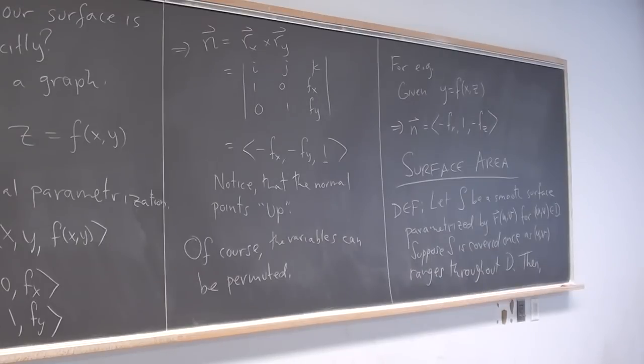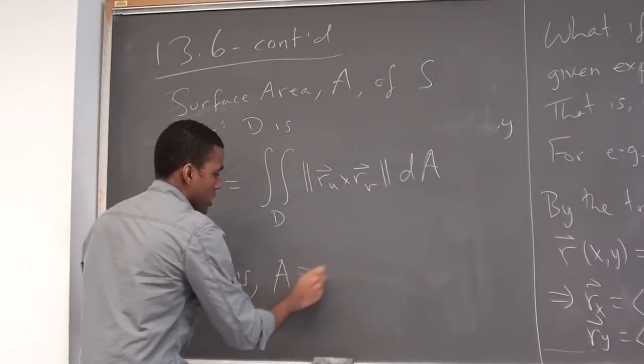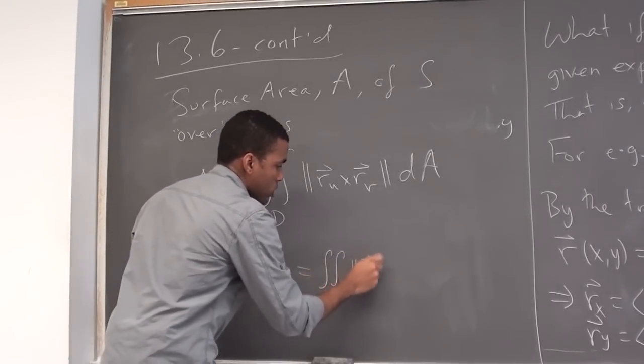Then the surface area of S is going to be given by that formula. That is, area is equal to the double integral of the magnitude of the normal vector.